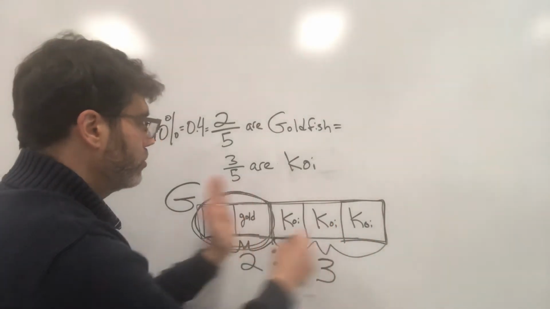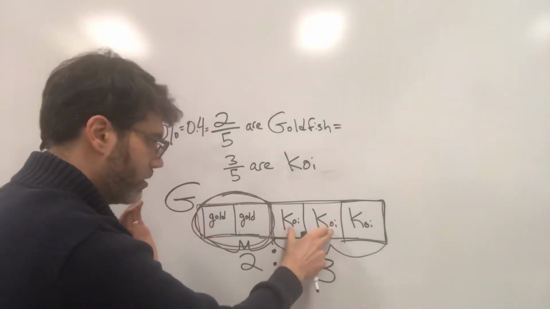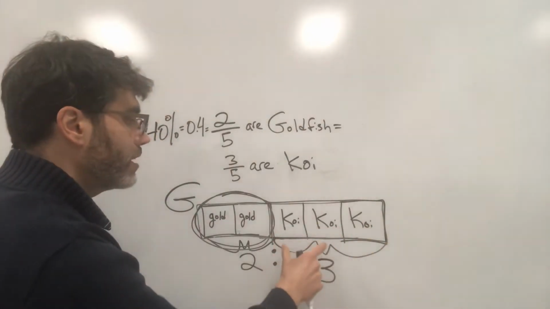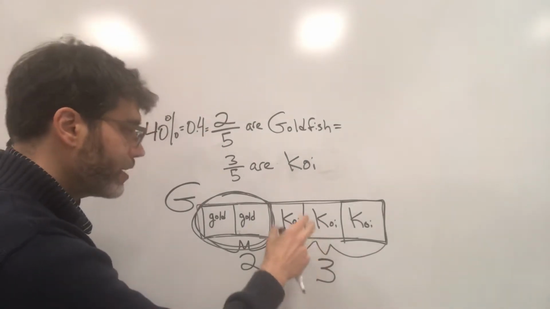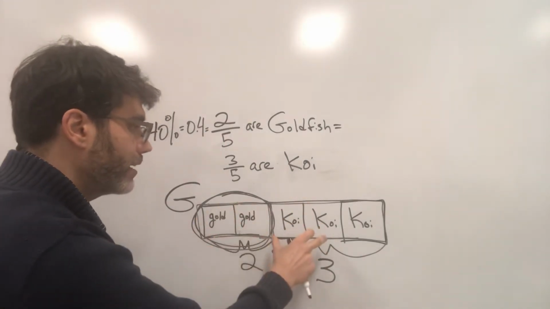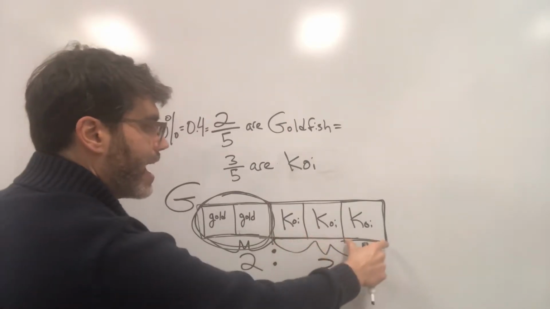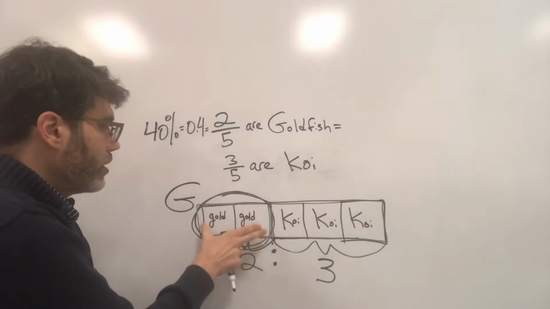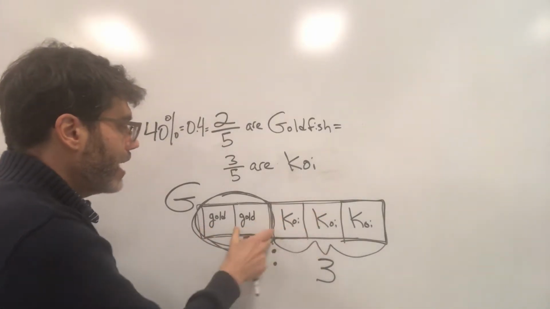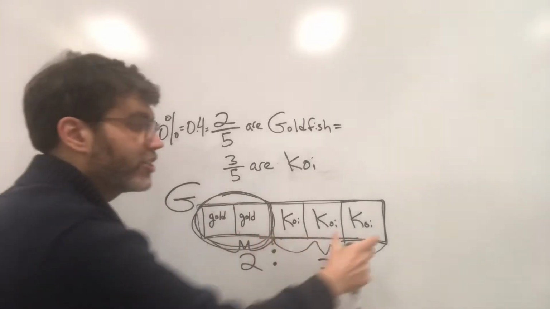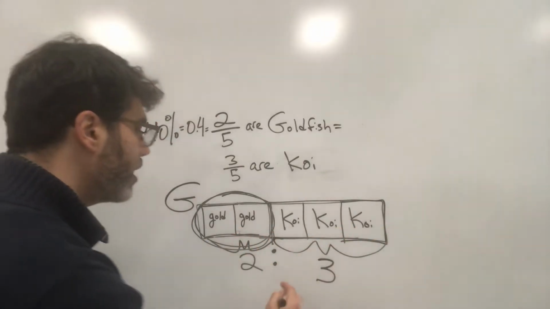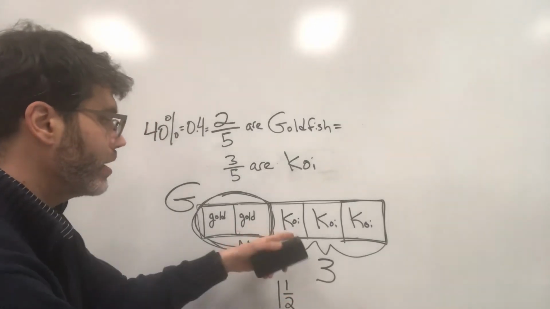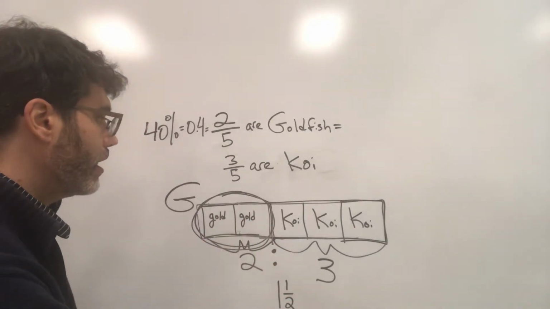So these 2 goldfish would be placed on top of these 2 squares, and there'd be another square left over. So we could think of koi in terms of goldfish as there being 1.5 times more koi than goldfish, because you can put all the goldfish on here and still have 1/2 more to go. So that's why we have 1.5 times as many koi as goldfish.